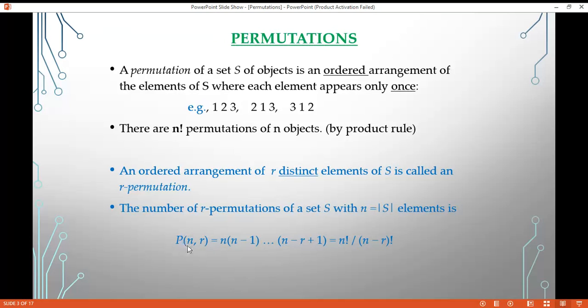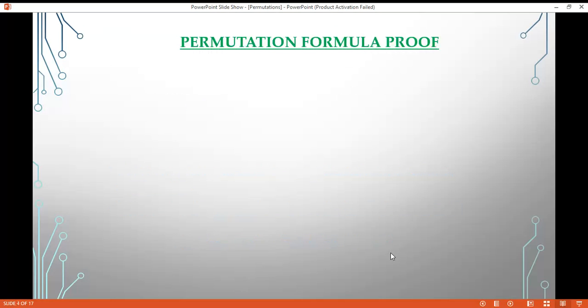The value of P(n, r) is n times (n minus 1) times (n minus 2) up to (n minus r plus 1). We can write it as n factorial upon (n minus r) factorial. So the value of P(n, r) is n factorial upon (n minus r) factorial.